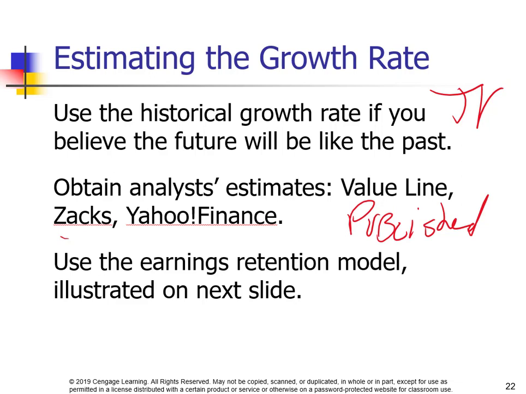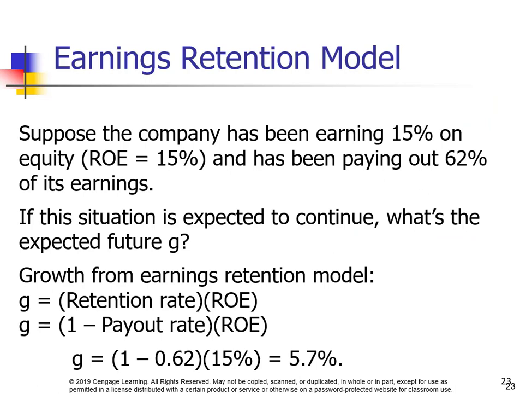The third technique really coincides with our discussion about opportunity cost and retained earnings. So let's say a company is earning 15% on equity. So the return on equity of the company is 15%. It's been paying out 62% of its money as earnings, which means 38% is retained earnings.